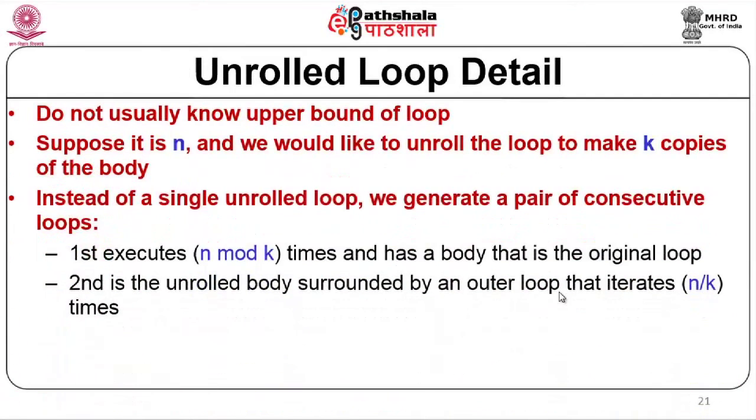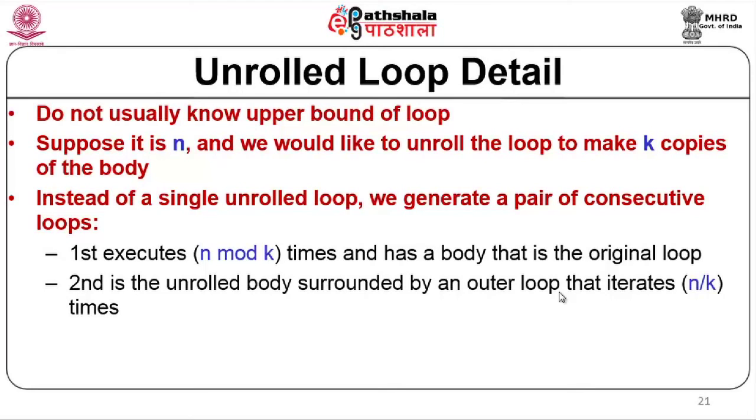Normally, when you look at a loop unrolling process, we do not know how many times the loop will have to be executed. So, suppose it is n and we would like to unroll the loop to make k copies of the body. If you have to unroll the loop 100 times, obviously it is not possible. You have other constraints that will come in. You may not be able to replicate it 100 times. So, let us assume that we are replicating the loop k times.